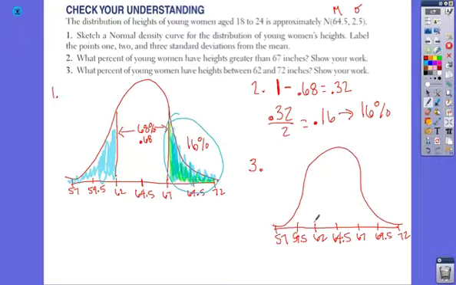And I want to find the percent of young women who have heights between 62 and 72. So there's 62, and 72 is way over here. So basically I want all of this. So I want to know what percentage this accounts for.